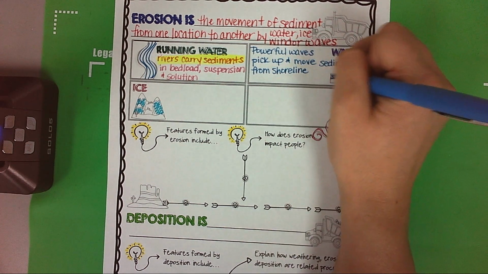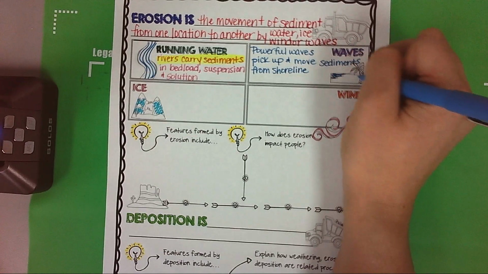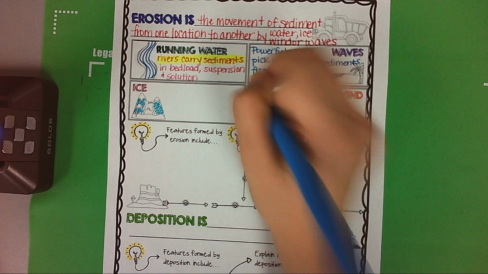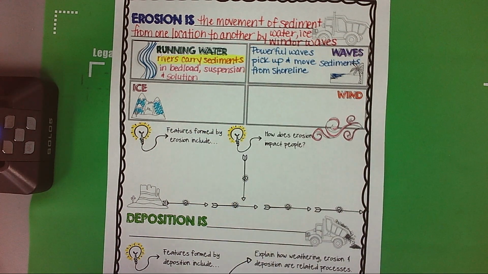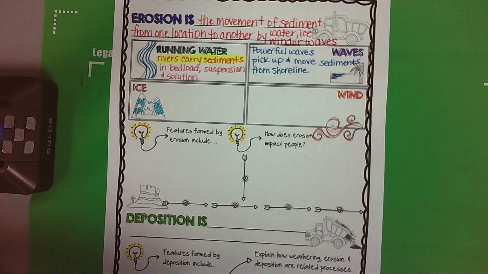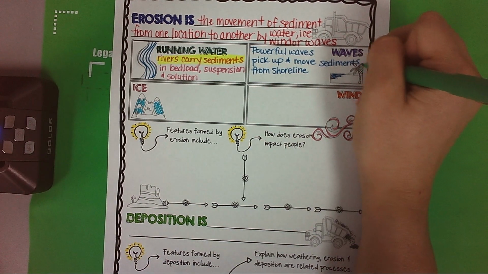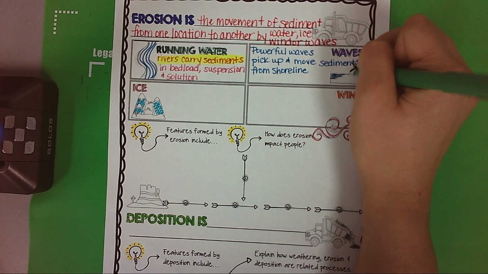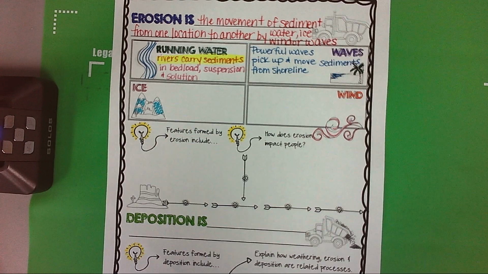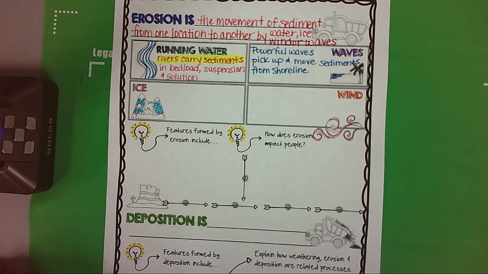Okay, so here's our water. Our wave comes in, it grabs the sand and brings it back out. Okay, so it's important to think about that. Water is moving these sediments.